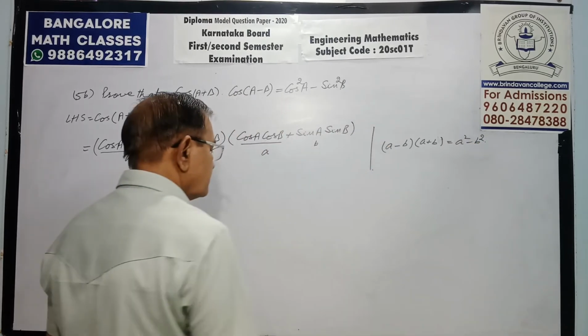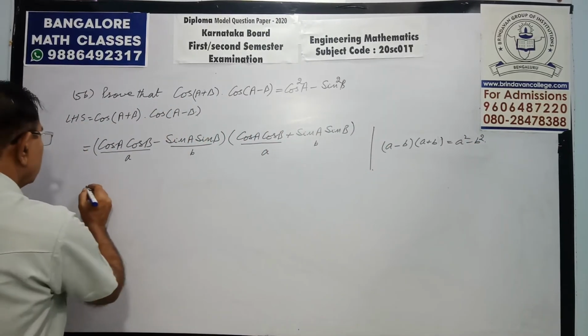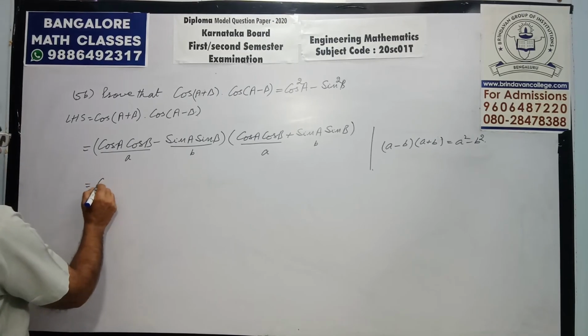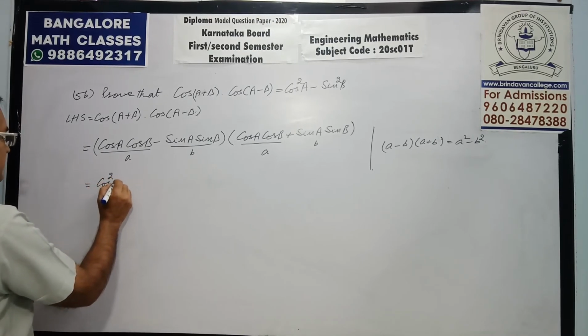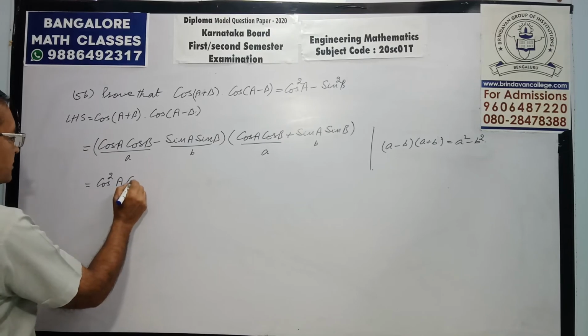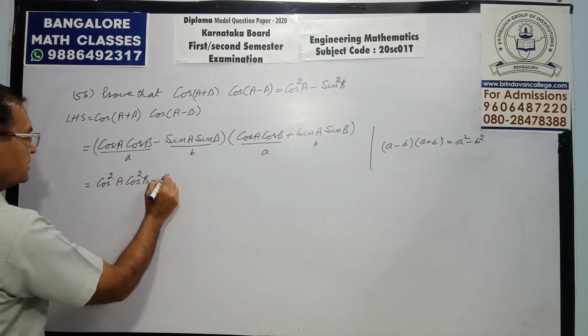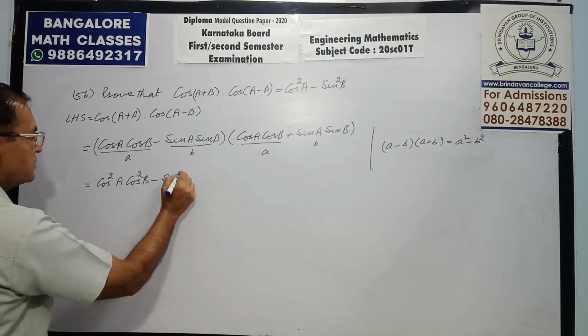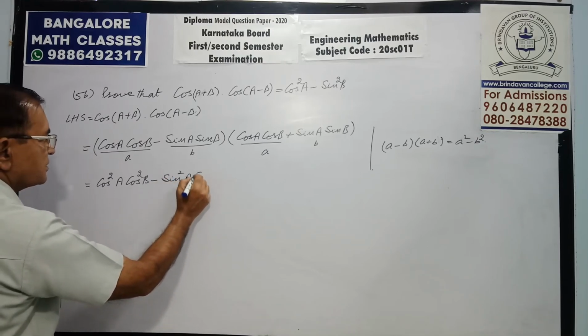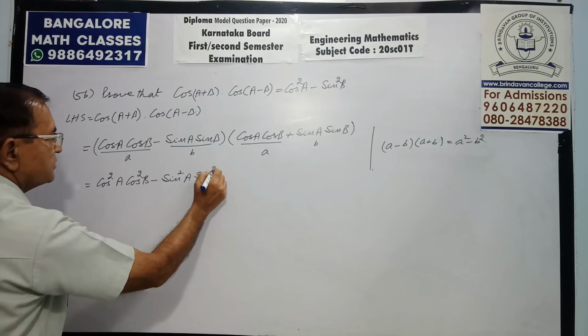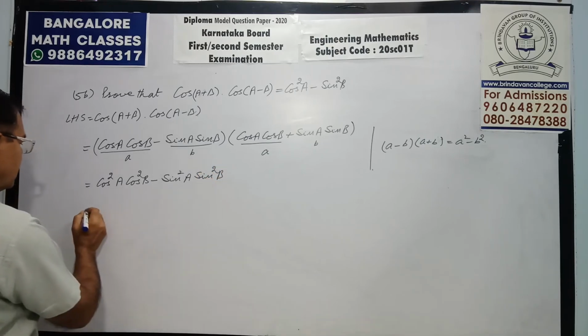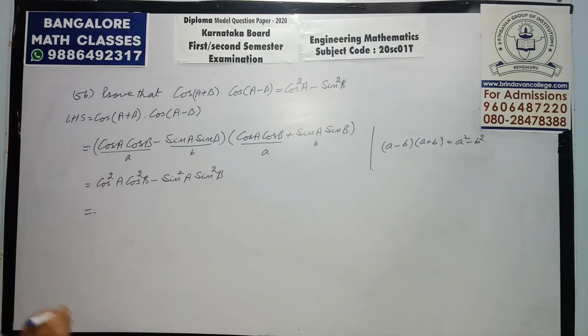So use that identity. We will get cos square A cos square B minus sin square A sin square B.